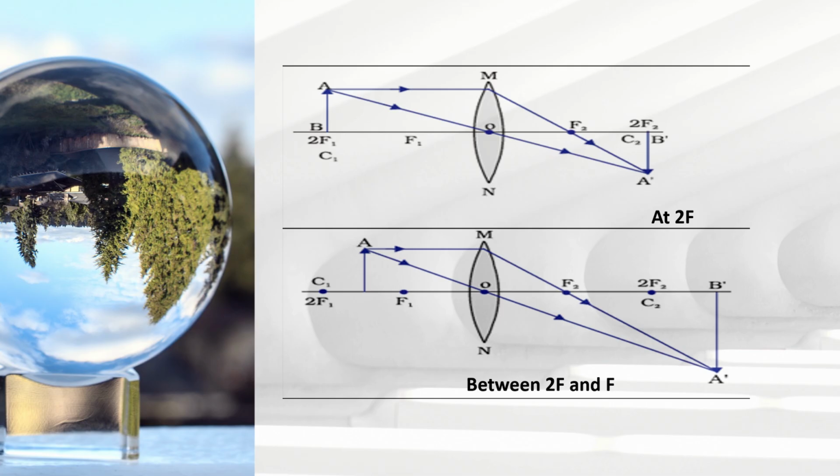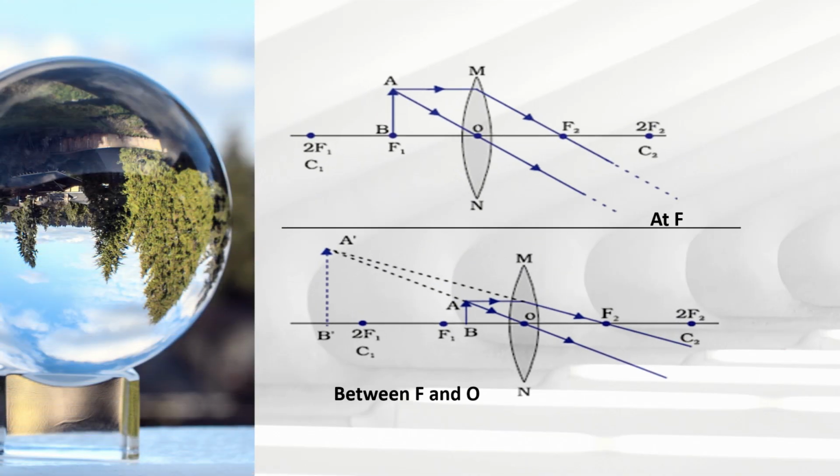In this way, if an object is at f, its image will be formed at infinity. If an object is between f and O, its image will be erect, but not a true image.